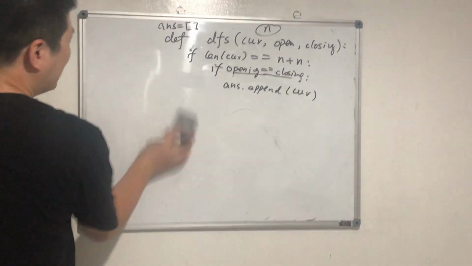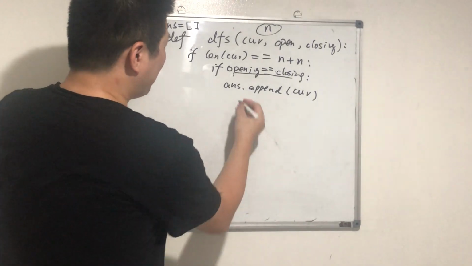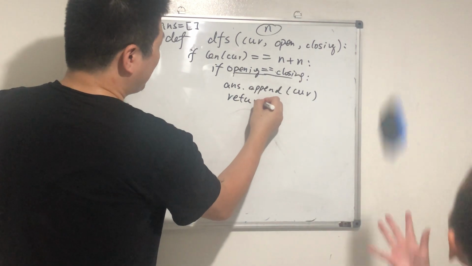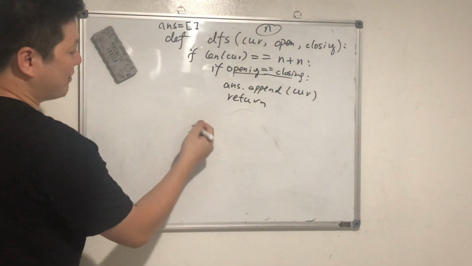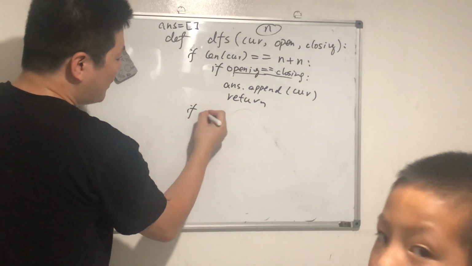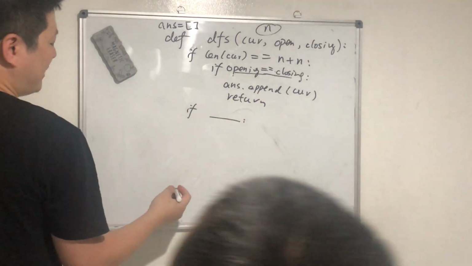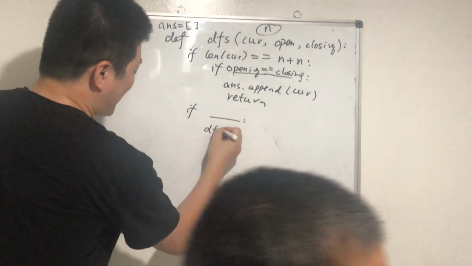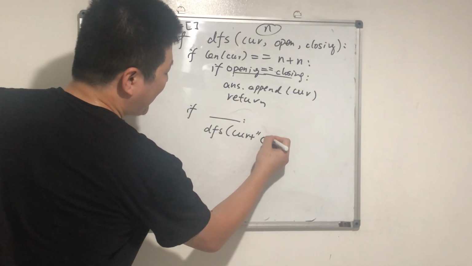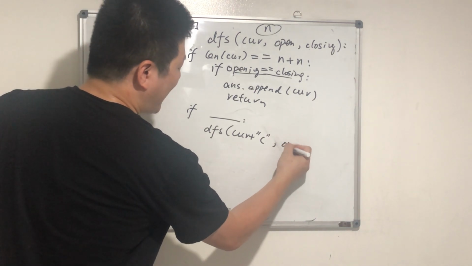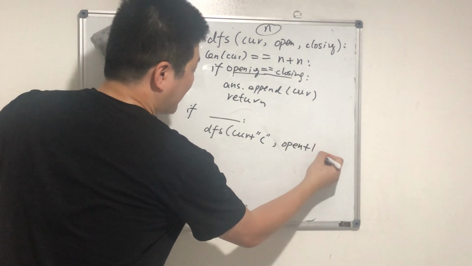Okay, so now, if not, then we need to return here, yeah? Because the length is already the maximum length, there's no point to continue. Look, this is the condition. In what cases can I search for current plus opening bracket, and then open plus 1 and closing?